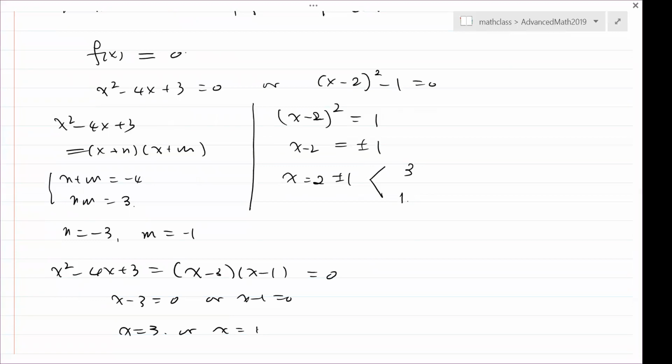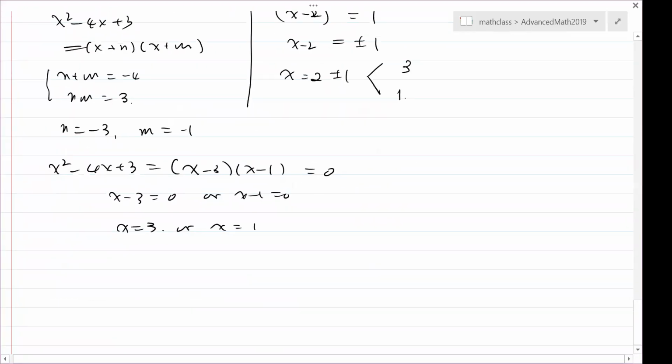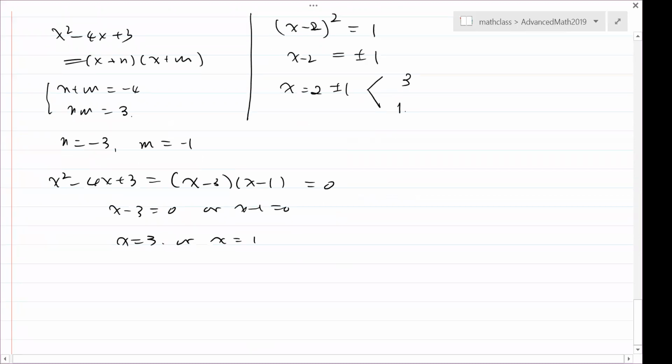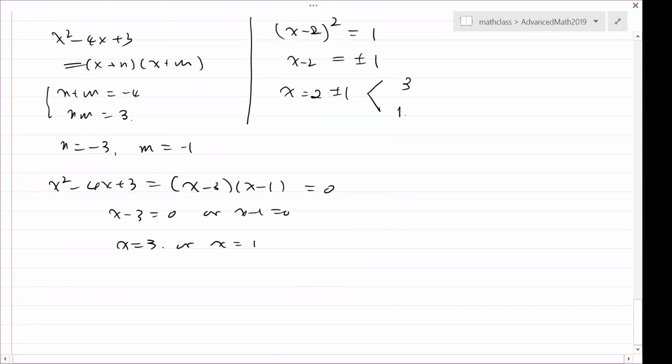Okay, the last method we can use is the quadratic formula. So that's all the kinds of problems we need to learn. Now, if you already know 3 is going to be a solution, then 3 is going to be a root.